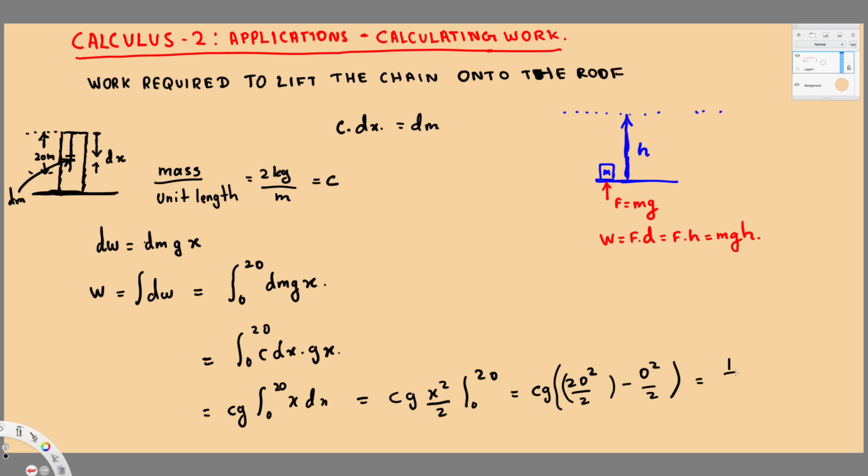So half times 2, and this is only 20 squared. So half times 2 times 9.8 times 400 is equal to what? 9.8 times 400 is going to give us 3,920 joules. So that is the work it's going to require to move all this chain to the top part.